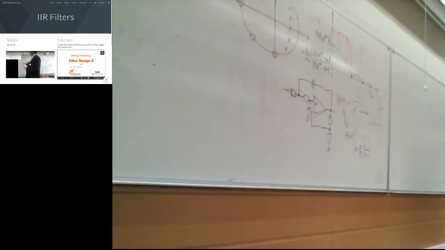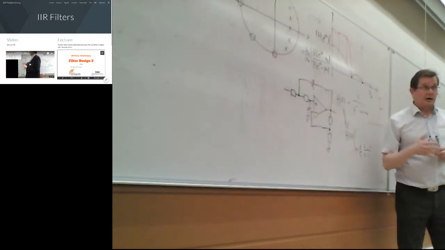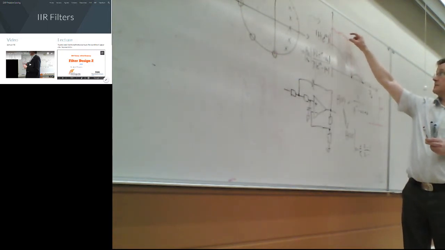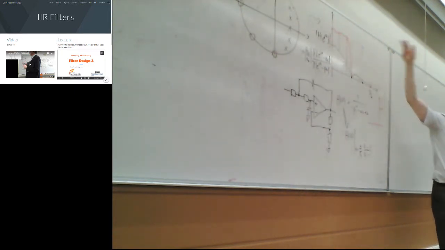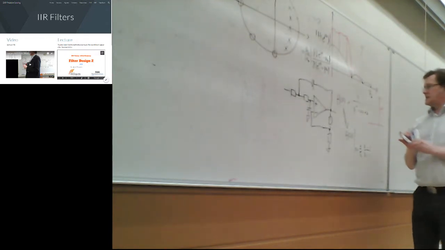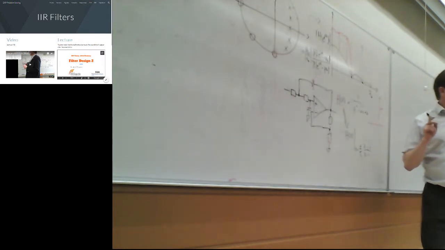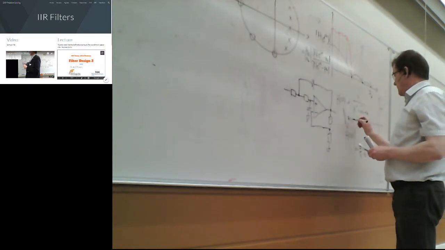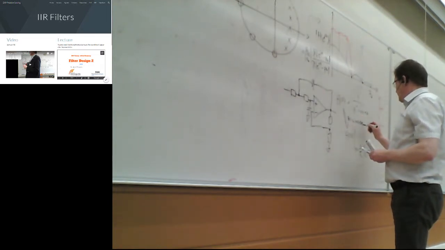But that said, it is also a transformation where you can still define the cutoff frequency, the flatness of the passband, and the attenuation on the stopband. Okay, so that's one classical way of doing IIR filter design: the bilinear transformation.